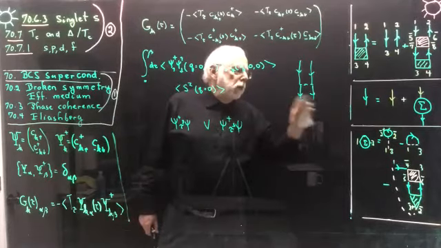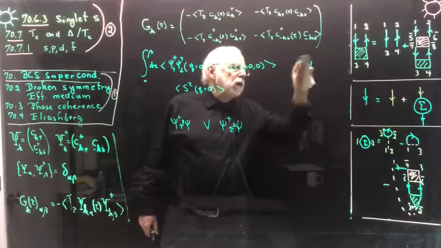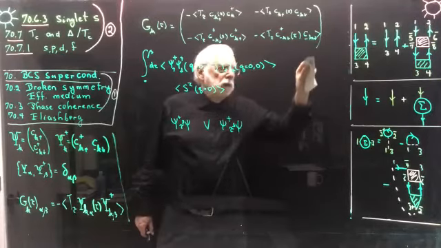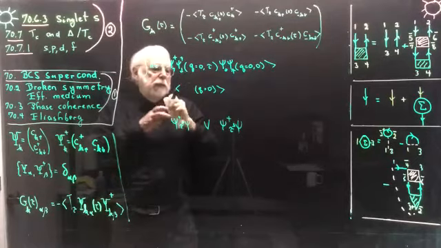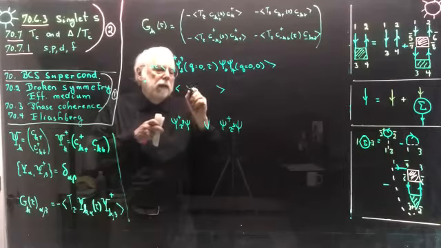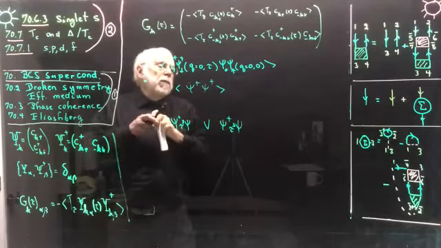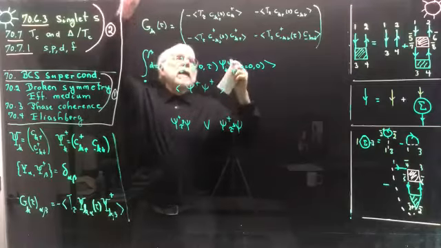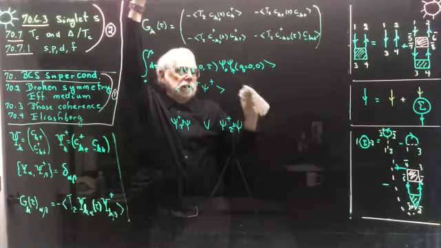So in the same way that we had the expectation value of Sz different from 0, now we have the expectation value of psi dagger, which is different from 0, Q equals 0 again. In other words, in the superconducting state, we need this full matrix here.